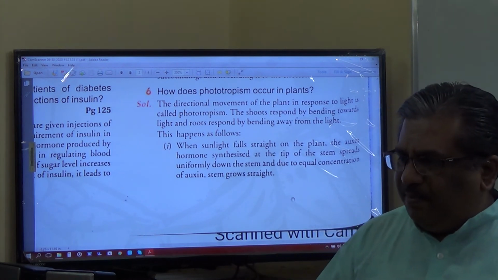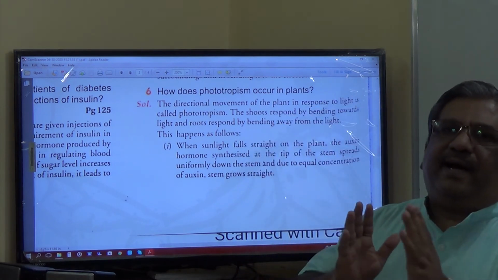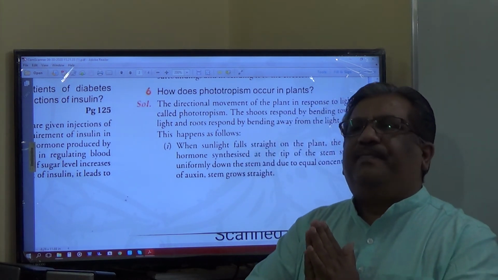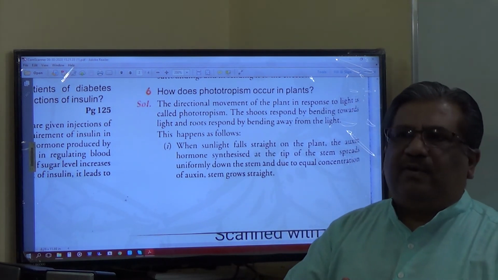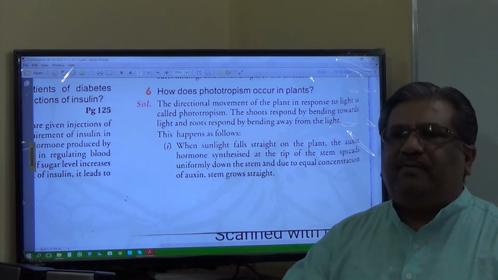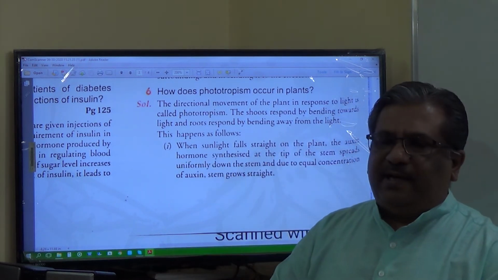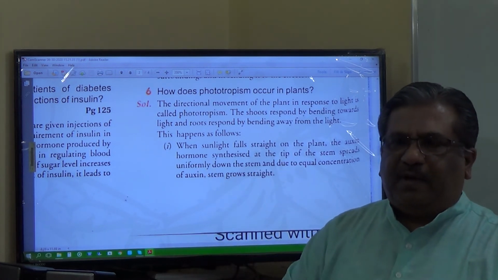And one important thing I would like to highlight over here, because of what I explained that day in my PPT: the auxin, which is a growth hormone, diffuses to the shady part of the stem, and causes cell elongation on the shady region, and thereby the stem bends towards the light.